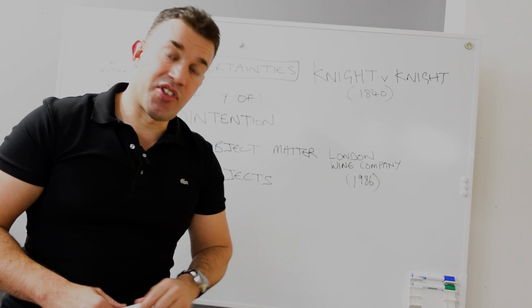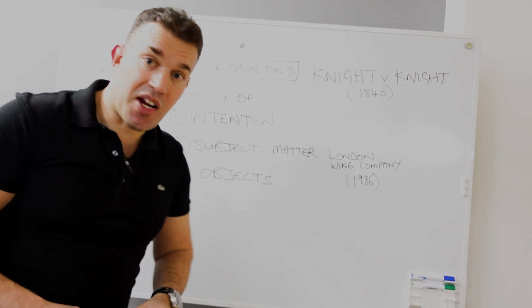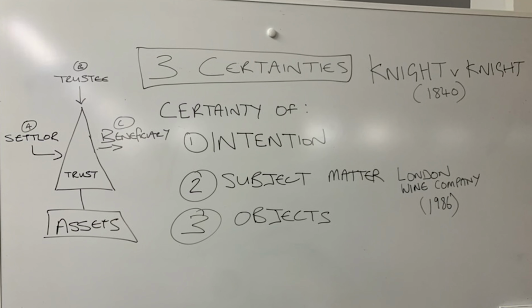Now, number two, the second certainty is certainty of subject matter. And what that means is that the assets that were put into the trust, it's very clear what they are. And this one can be a bit tricky.